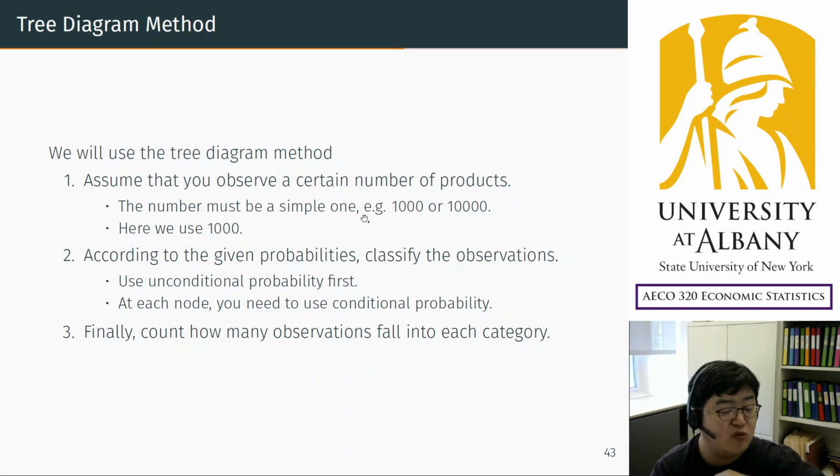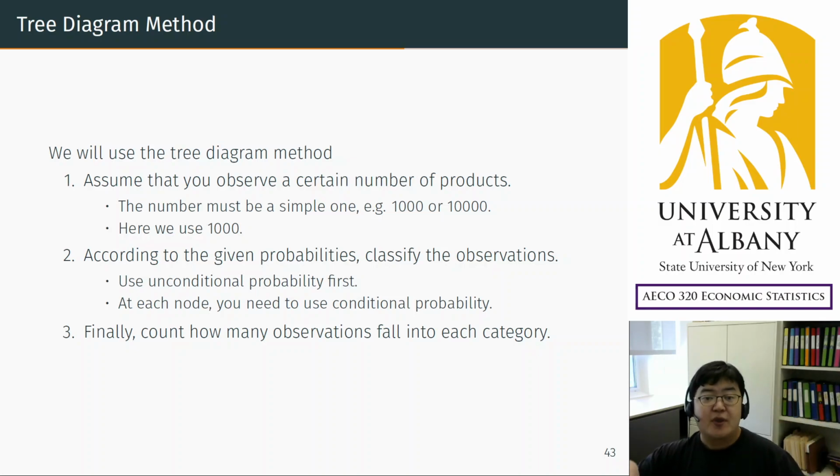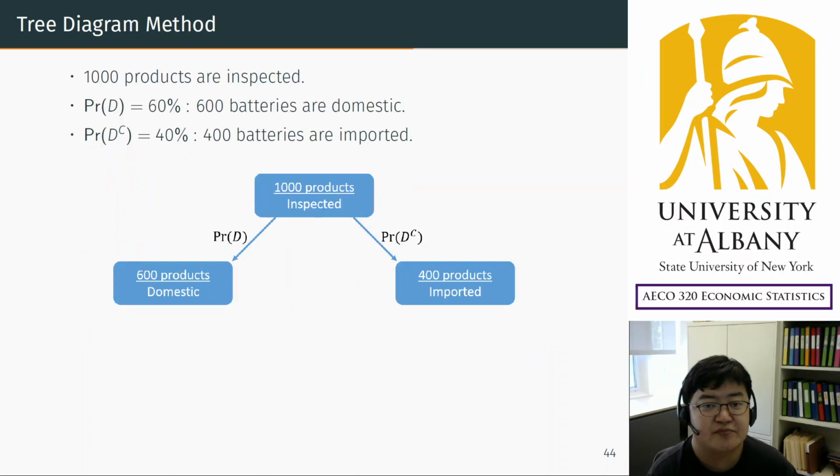We will imagine a kind of data and classify it. In our imagination, we randomly choose a certain number of observations, and then we classify those observations using the probabilities given in that information. It's hard to explain without an example, so let's start that process.